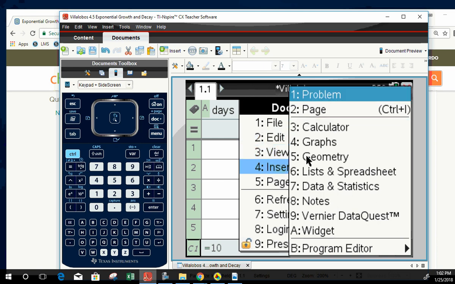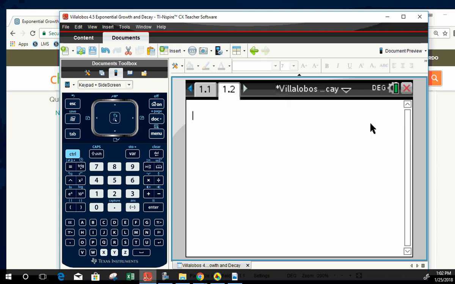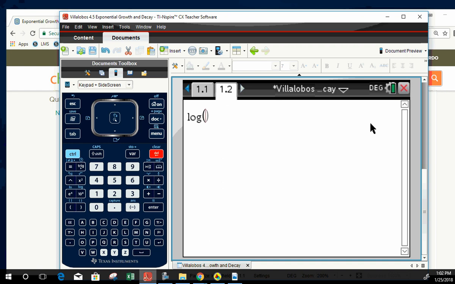Insert calculator. Since logs are exponents, I need the log of the given base. I started out with 10, and I want to get to 100,000, starting with 10.